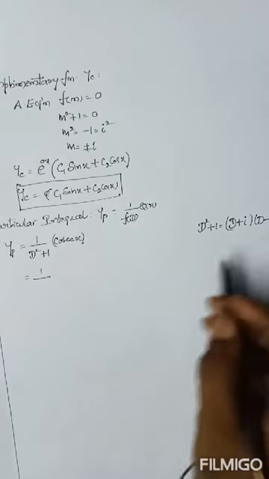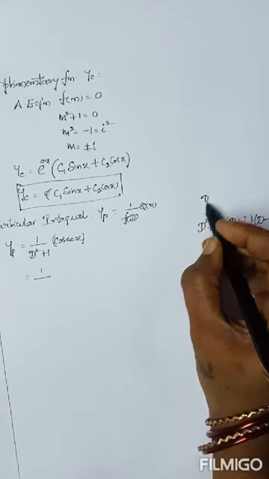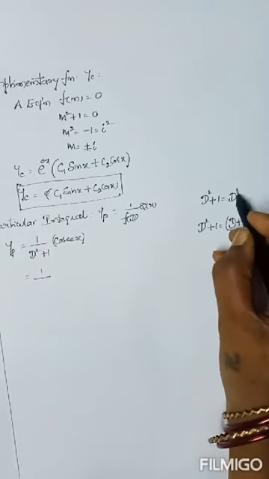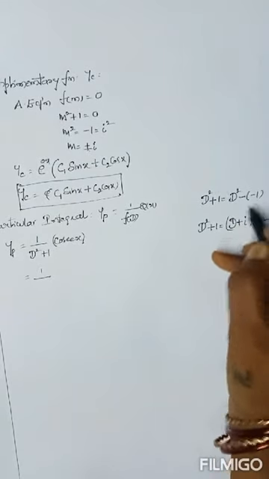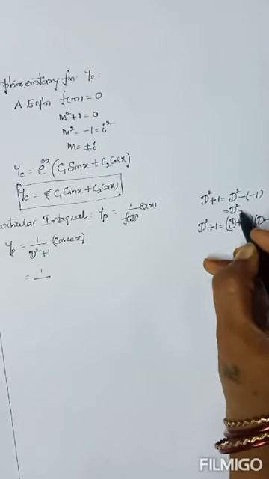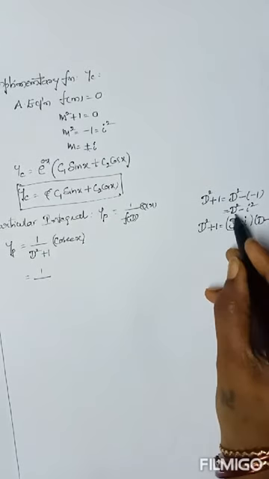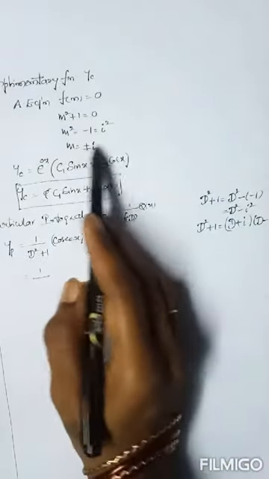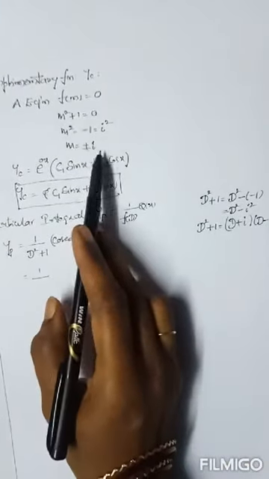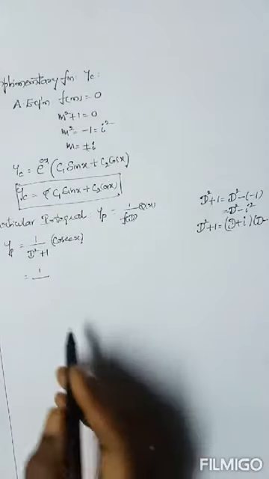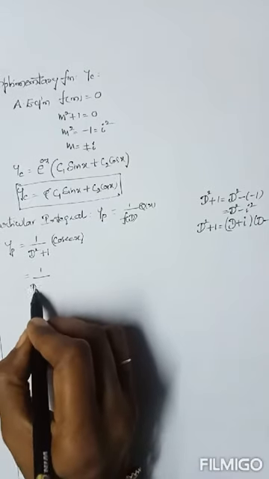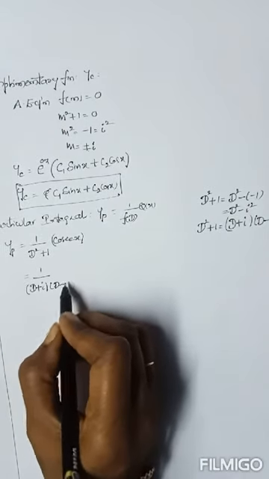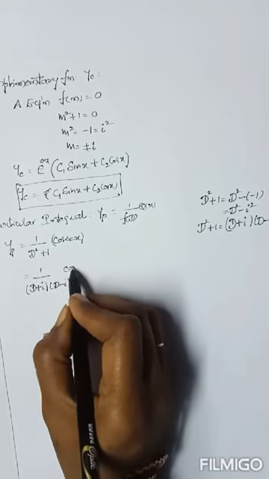One more step: D square plus 1 can be written as D square minus of minus 1, then D square minus i square. This is a square minus b square, a plus b into a minus b. Otherwise, from the roots also you can write D plus i, D minus i as the factors. So D plus i into D minus i into cosecant of x.